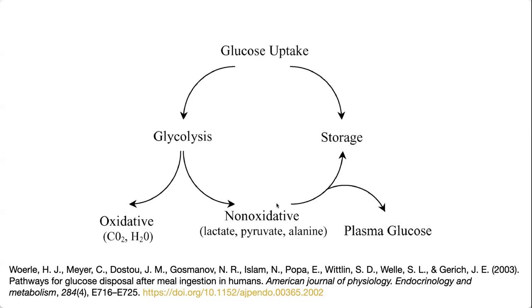When it ends at lactate, pyruvate, or alanine, you're not just going to want to waste that stuff. Some of it's going to get converted back into glucose by your liver. The liver is going to send some of that out into the bloodstream, and it's going to hook up some of that to form glycogen.